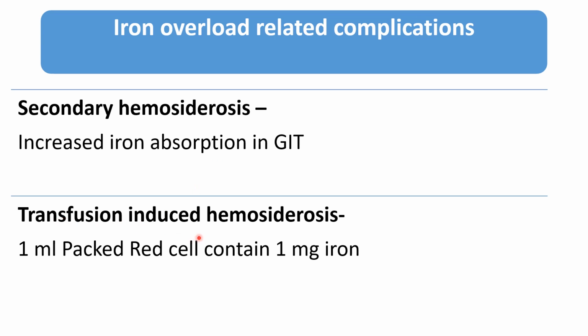Transfusion induced hemosiderosis occurs because 1 ml packed red cells contains 1 milligram iron, or 1 unit of RBC contains 250 milligram iron. So patient does not have a sufficient excretory mechanism for the excess iron in the body. So excess iron is deposited in the reticuloendothelial system, liver, spleen, and in endocrine organs and cardiac tissues.